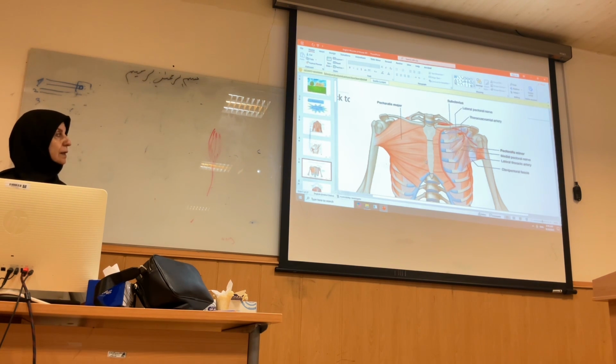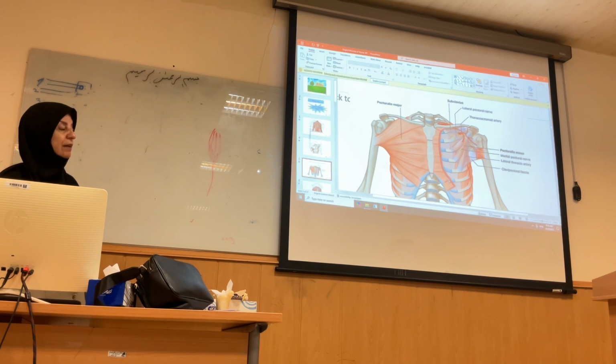Now, deep to the pectoralis major, some of the muscle fibers attach to the costal cartilage. The second to the sixth costal cartilage, always, about the first and the seventh.